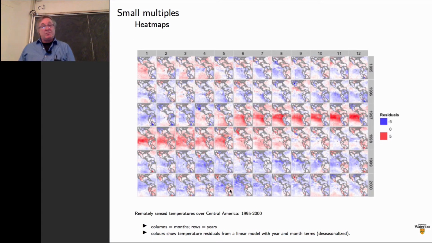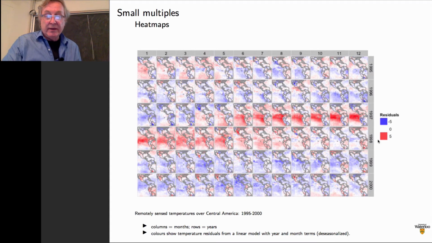There's a simple model fitted to the temperature data, removing the averages for months and years, and then these are the residuals. The residuals from those models are colored for every one of those grid locations that we had before.